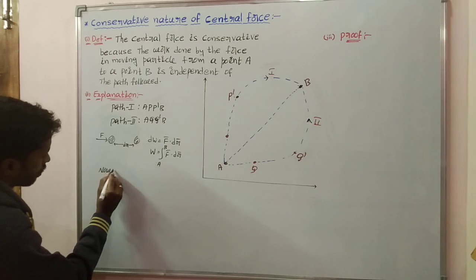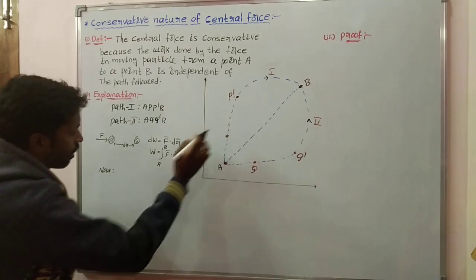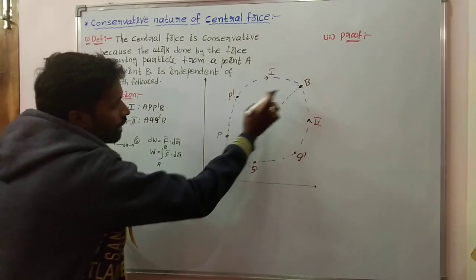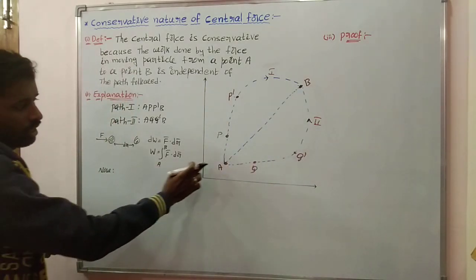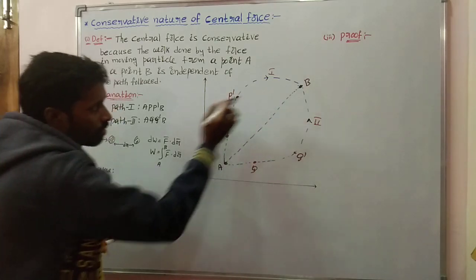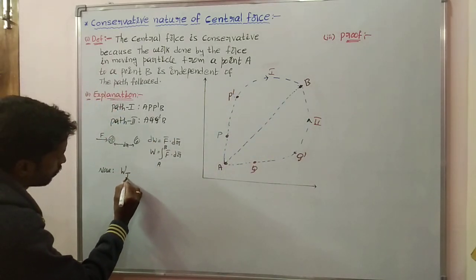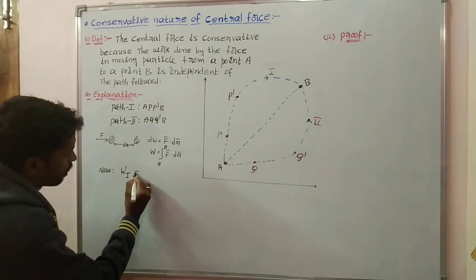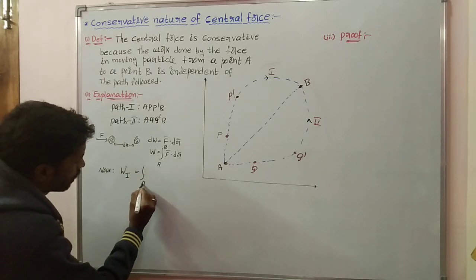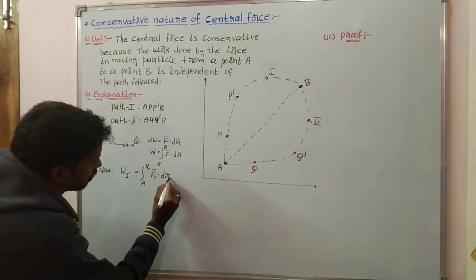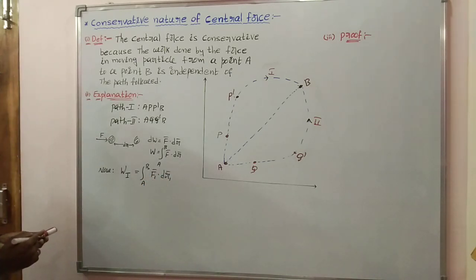Now we go along path 1, A, P, P dash, B. Let us say the work done W1 is equal to integral A to B F1 bar dot dr1 bar.